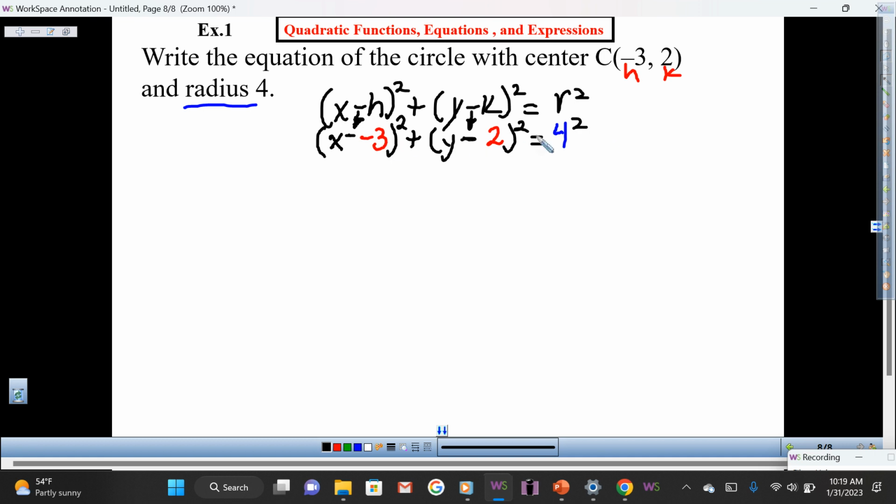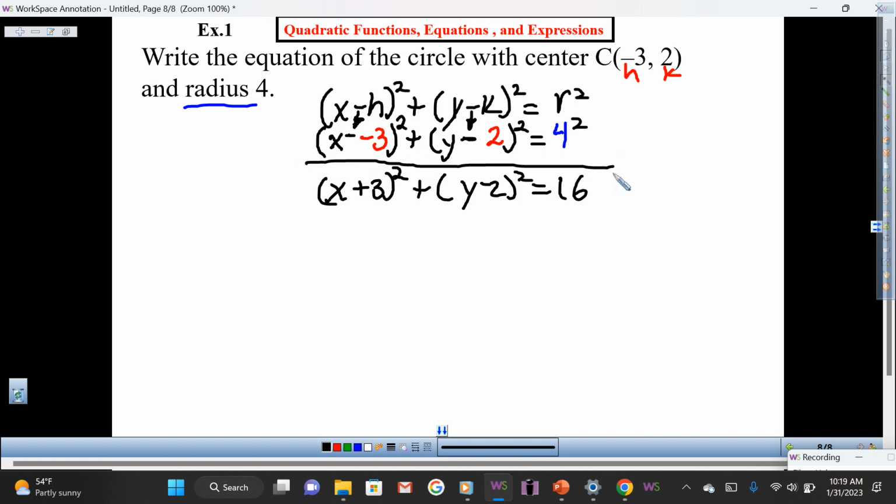Once we do that, because we substituted values, we just rewrite it. Here we go. X, what is negative times the negative? (x plus 3) squared plus (y minus 2) squared equals 16. And this is our standard form equation of the circle.